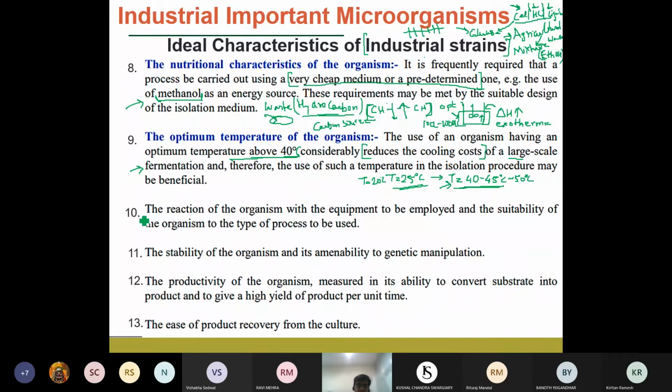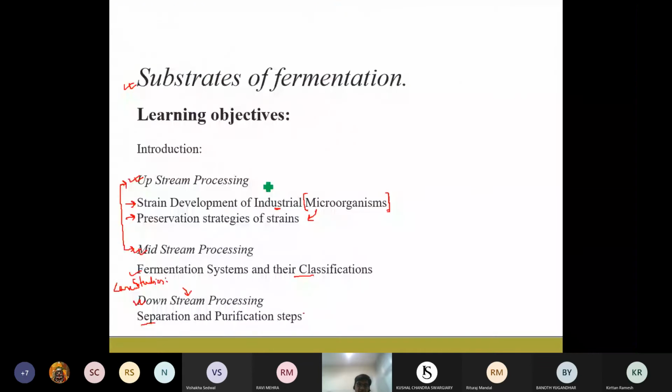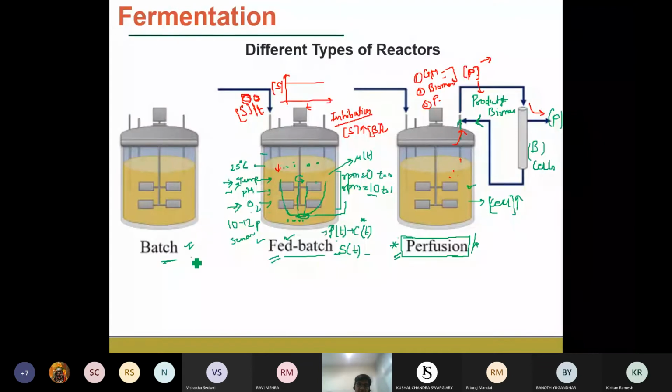Coming to the tenth point, it should be noted that the reaction of the organisms with the equipment and the suitability of organisms for the process to be used matter. As we have seen, there are three different types of fermenters: the batch type, fed batch type, and perfusion reactors.